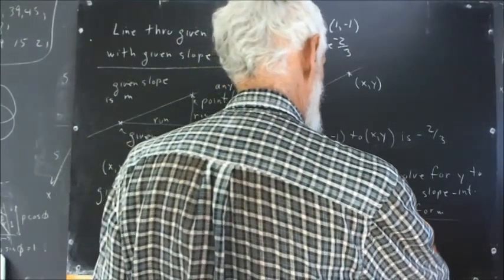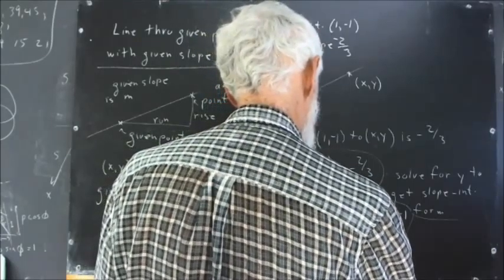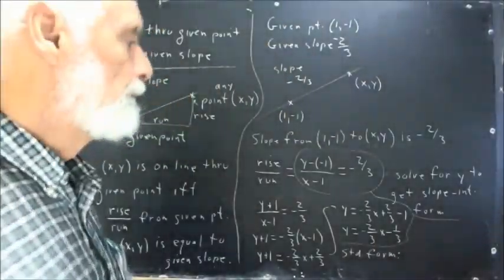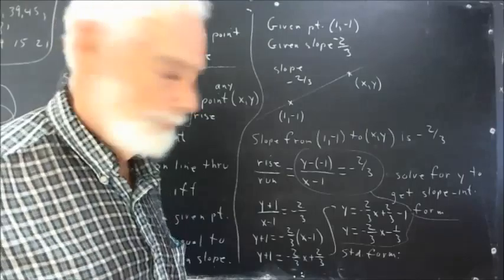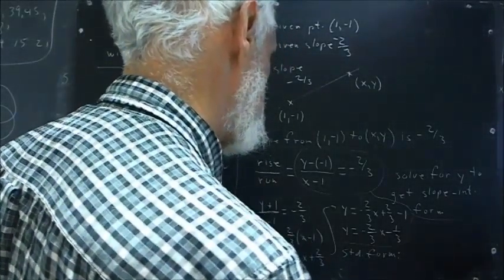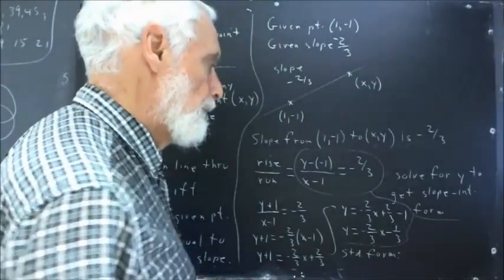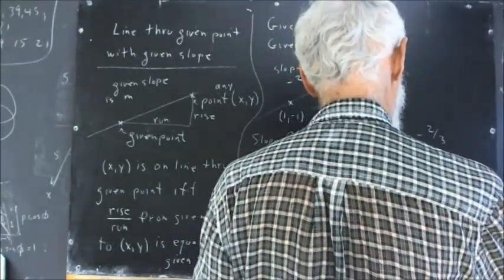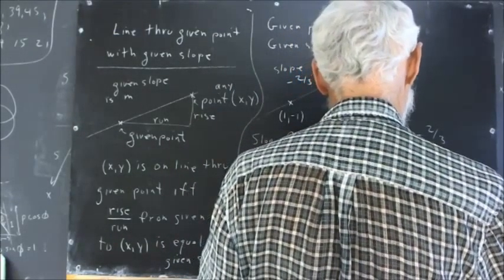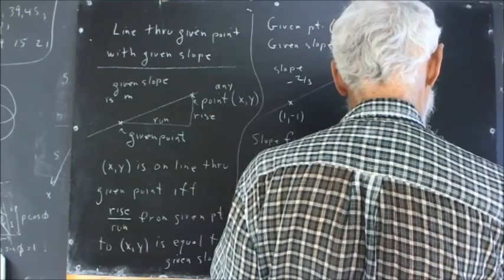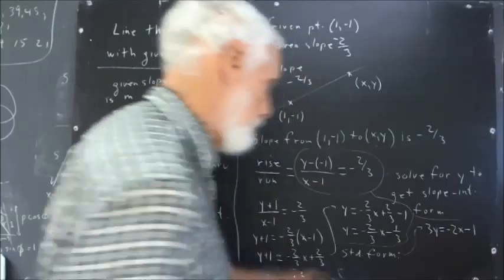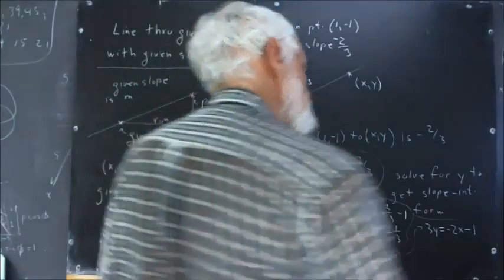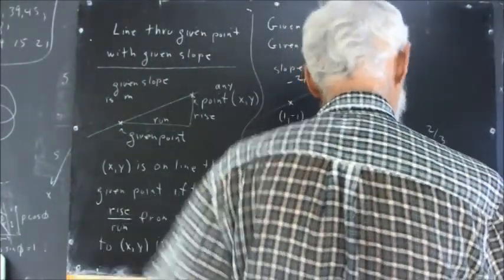What if we want the standard form? Standard form is ax plus by equals 1. To get the standard form, we're going to multiply through by 3. So we're going to get 3y equals negative 2x minus 1. And multiply both sides by 3. Clear the denominators. And then we add 2x to both sides.